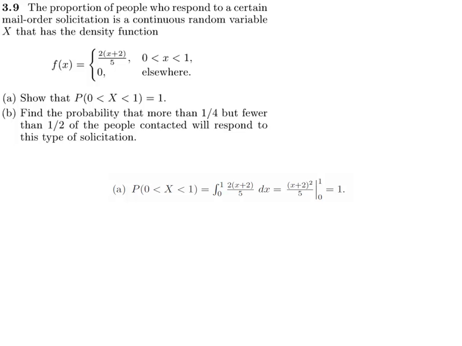Okay, second part, find the probability that more than 1/4 but fewer than 1/2 of the people contacted will respond to this type of solicitation. So again, you define your limits from 1/4 to 1/2 and solve the integration. You need to integrate the function. The limits are provided here.